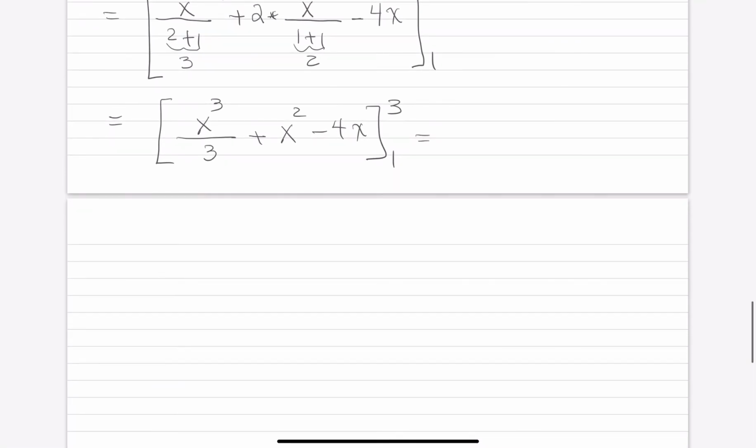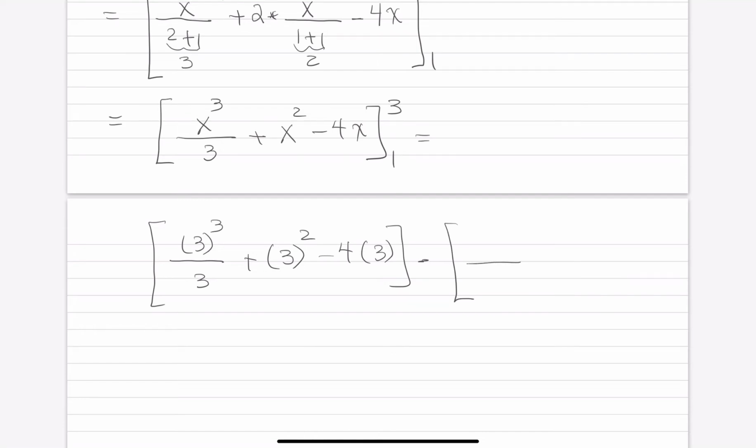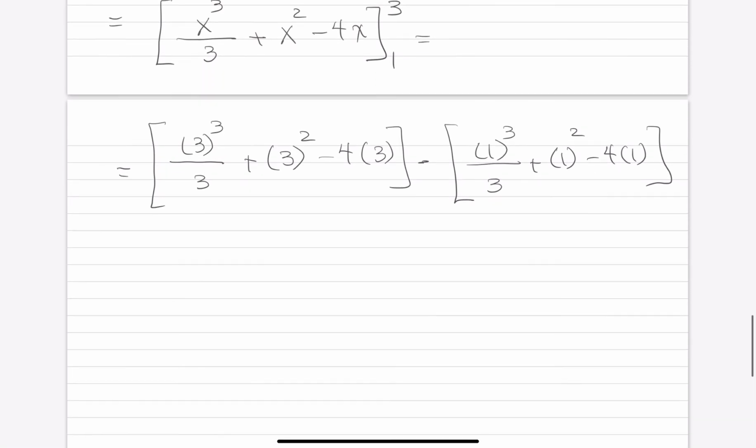Let me do it here. Plugging in the upper limit gives me 3 cubed over 3 plus 3 squared minus 4 times 3 minus, now I want to plug in the lower limit. So I get 1 cubed over 3 plus 1 squared minus 4 times 1, right? Everybody okay with that?